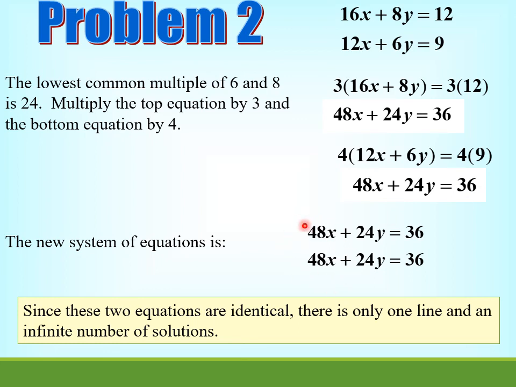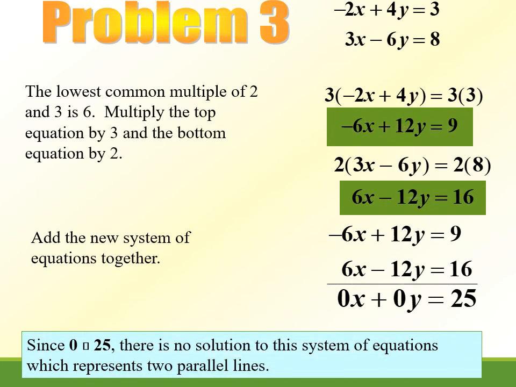Now you can easily subtract. If you do the subtraction here, can you see that everything is going to cancel out? Boom. Everything gets cancelled out in the equation. So definitely we have a problem. Same as this one here.